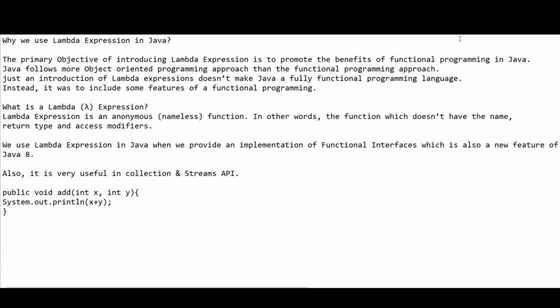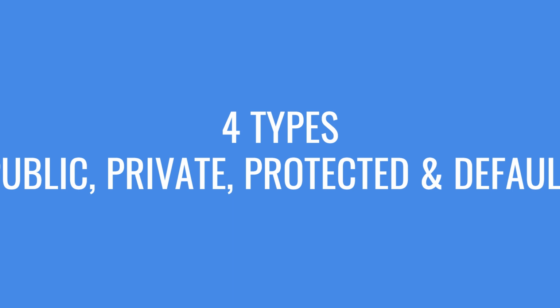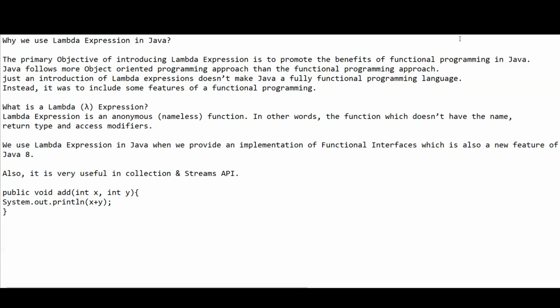We provide the parameters as per the requirement, and then we write the method implementation. That is the way we write a traditional method in Java. The access modifiers in Java are of four types: public, private, protected, and default. But when it comes to a Lambda expression, we need not use any access modifiers, any return types, or any name here.